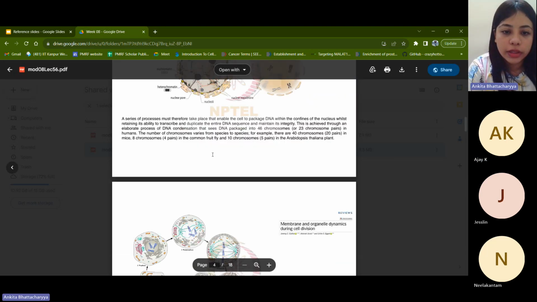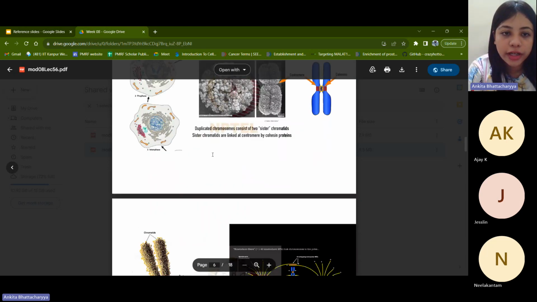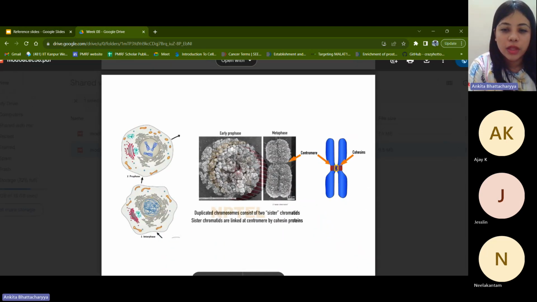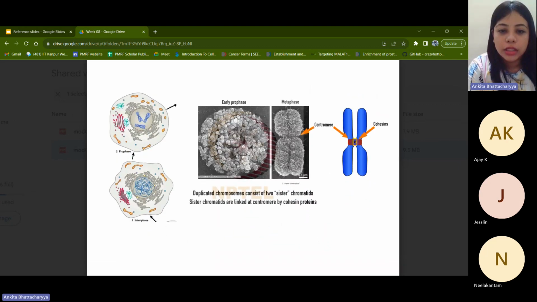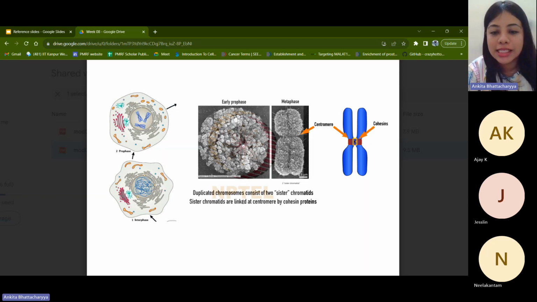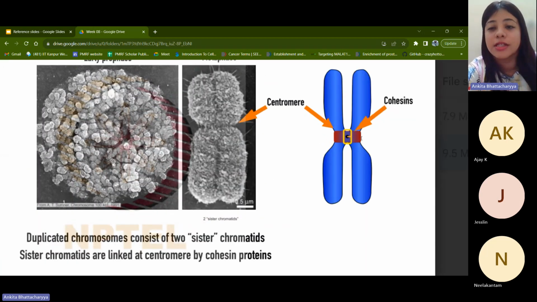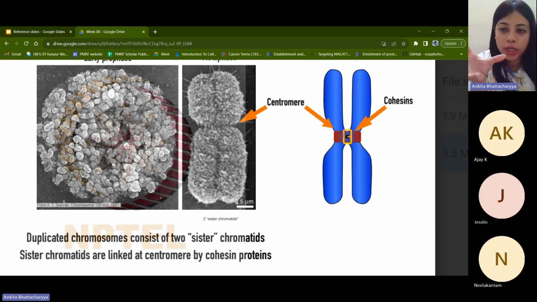Okay, so we discussed this already, but I think this also clarifies what you were talking about. That chromosomes, they consist of 2 sister chromatids. They are linked at the centromere by cohesin proteins. If you see the most accurate representation of cohesins, it is in the form of a belt. As the name indicates, they are cohesively holding, which means they're gluing something together.